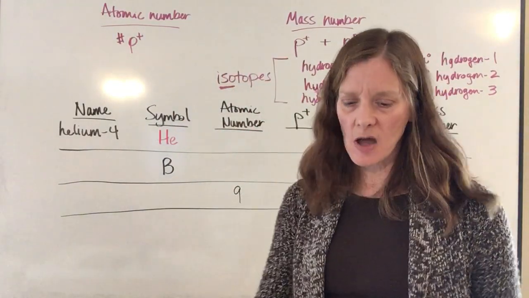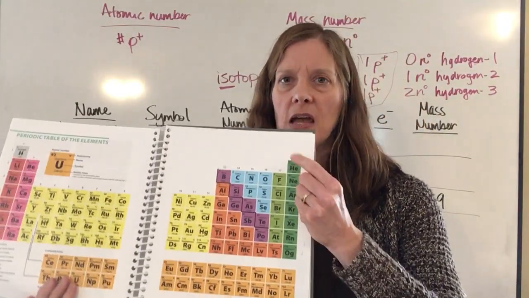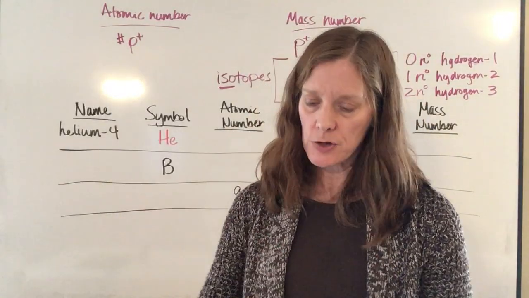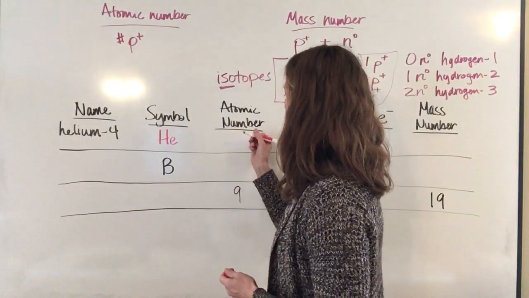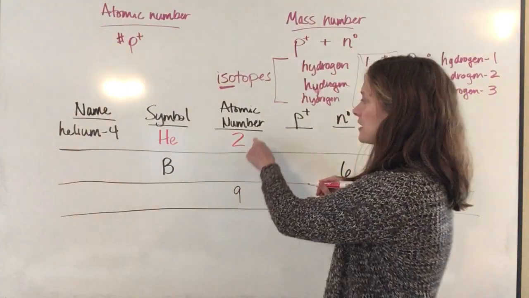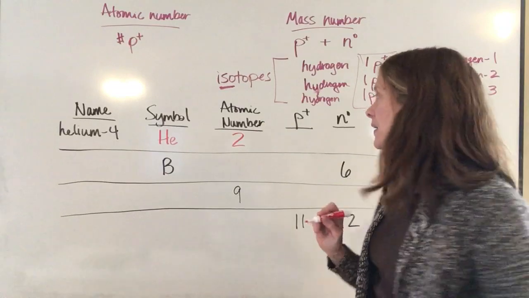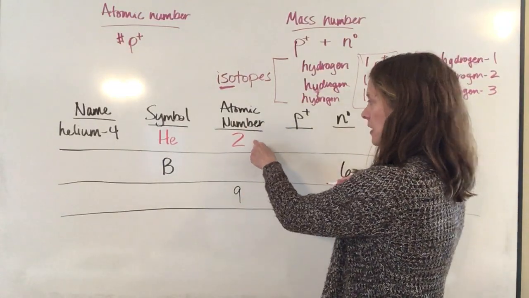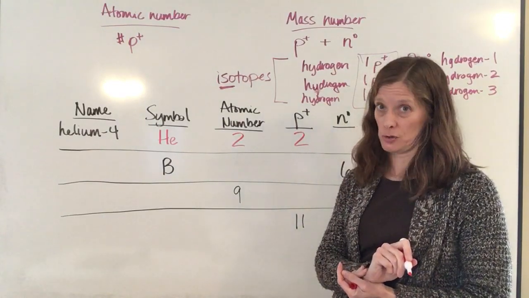What's the atomic number for helium? Well, again, if you look in the upper left-hand corner of that box, you can see that the atomic number for helium is 2. The atomic number is always the same, and the atomic number always tells me how many protons are in the atom. So if the atomic number is 2, that means the number of protons is also 2.